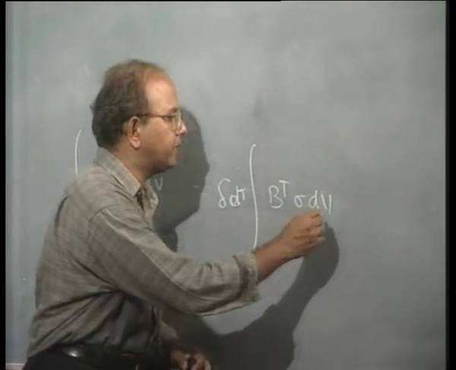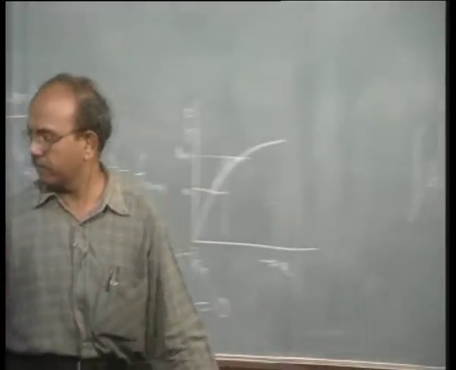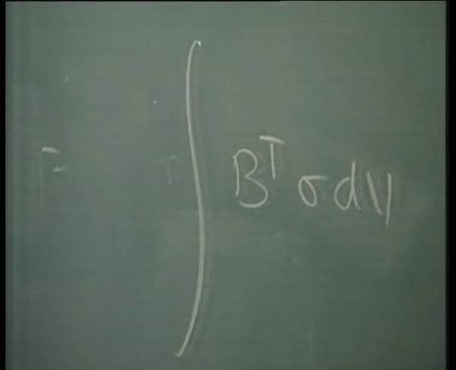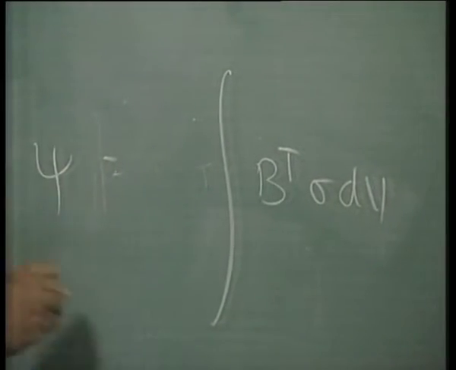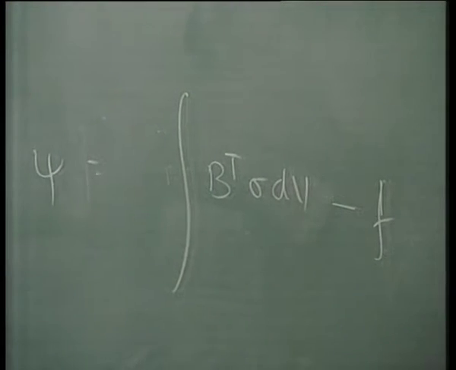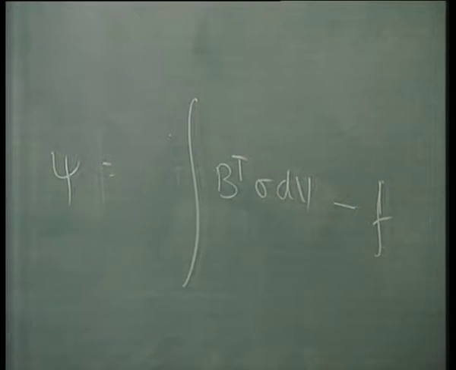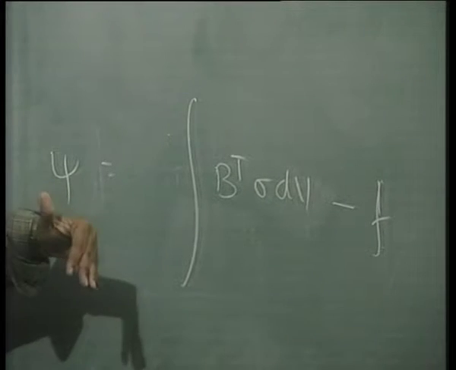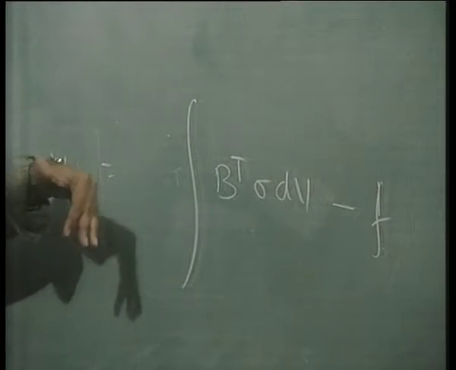Say, suppose I say that B transpose sigma dV, that's the error term, minus say F, what would be my stiffness matrix? What would be my stiffness matrix? So I have to say that dou psi by dou d or dou epsilon is equal to into delta epsilon or delta d is equal to 0.